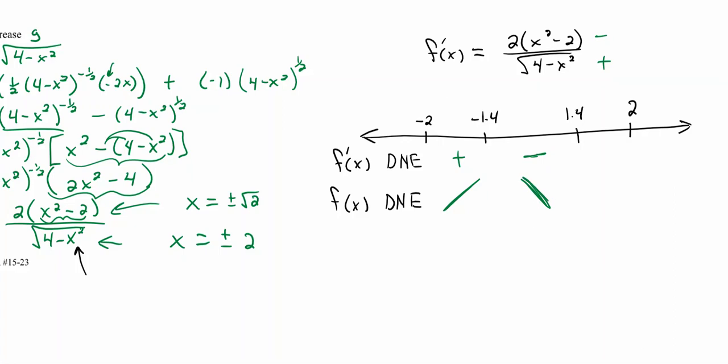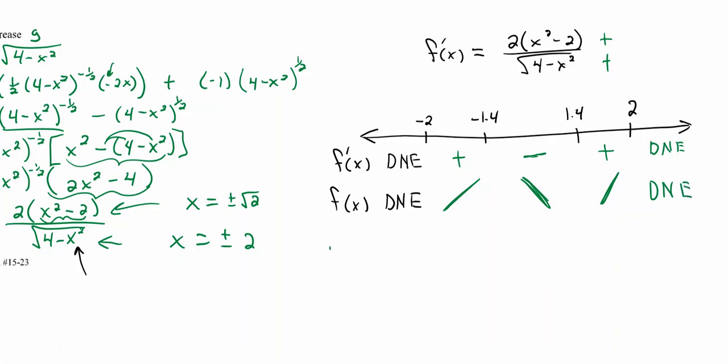And then really for the same reason as the first one, this will also be positive. If you put like 1.9 into the top and bottom, you'll get positive and positive again. So this will be increasing. And on this side, we can't have any number bigger than 2, so this does not exist, so the original function does not exist either.